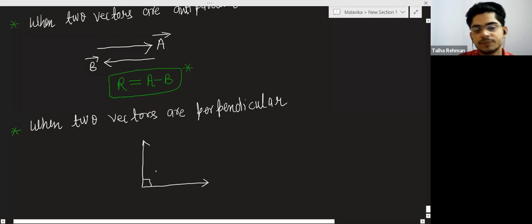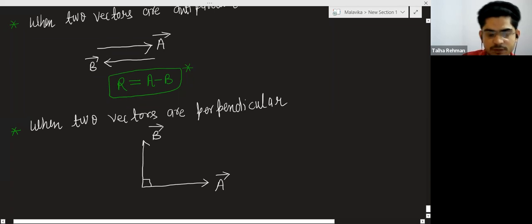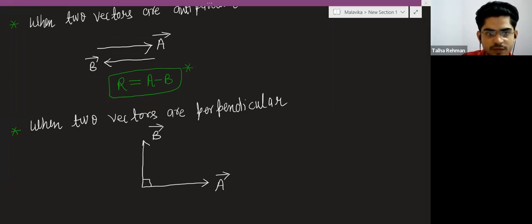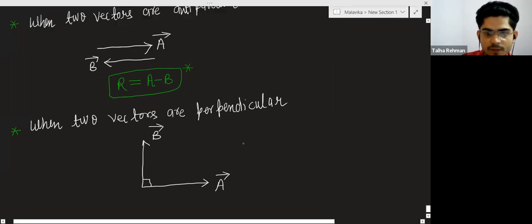Perpendicular means the angle between two vectors is 90 degree, and this is A vector and this is B vector. So I can write the resultant directly: R is equal to the square root of A square plus B square.